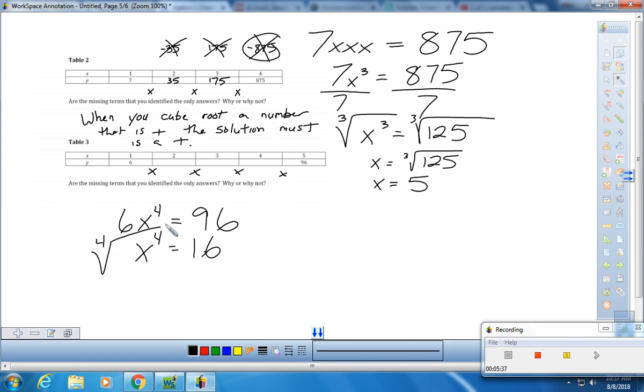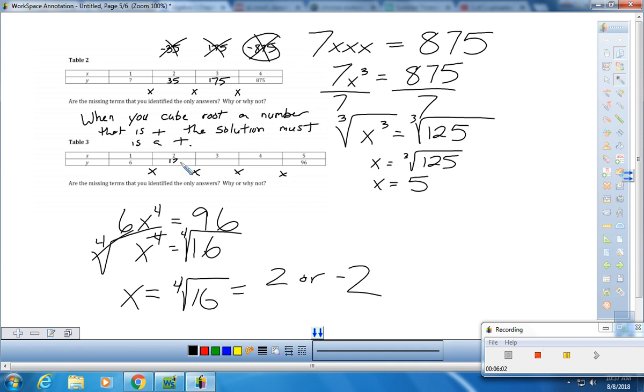Well, you take the 4th root of both sides. The 4th root of x to the 4th is just x. X is the 4th root of 16, which is 2 or negative 2. Why is that? Well, what's negative 2 times negative 2 times negative 2 times negative 2? That's positive 16.